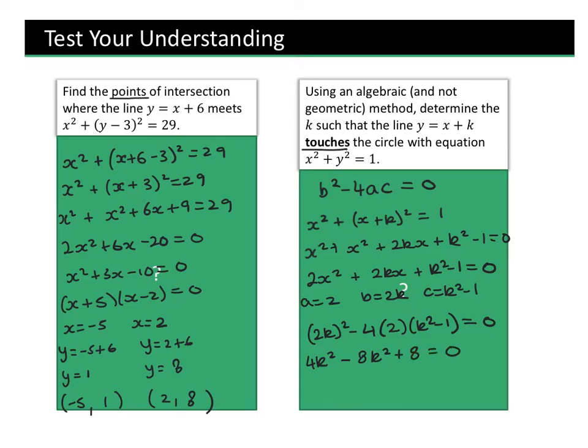I now need to solve this, and I'm going to use my calculator. So minus 4k squared plus 8 equals 0. Then I'm going to get k squared equals 2. So that means that k equals plus or minus root 2.